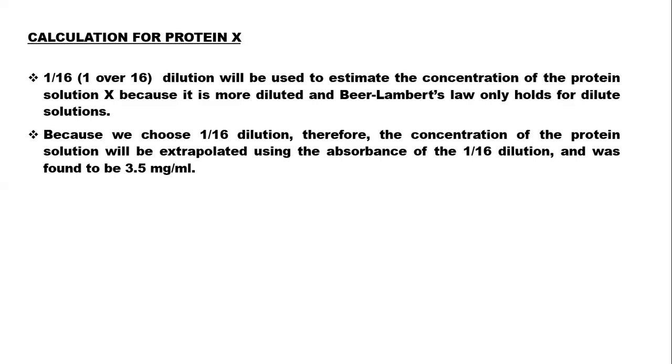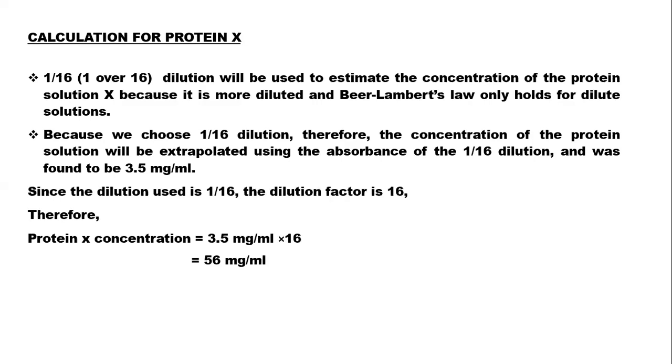This concentration is the concentration of the protein after it is diluted 16 times. So what is now the actual concentration will be to multiply by 16, okay? This concentration, 3.5 multiplied by 16, that will be 56 milligram per ml, and that is the actual concentration of the protein.